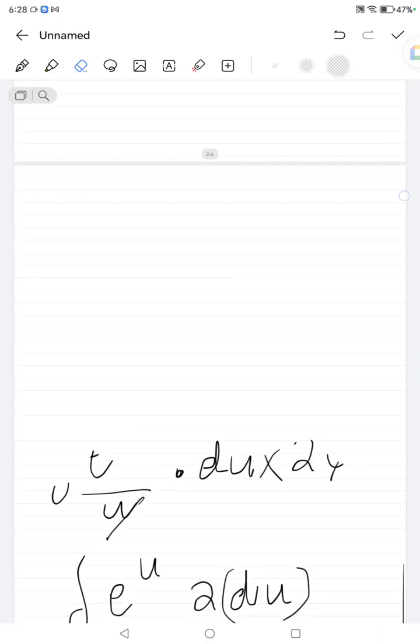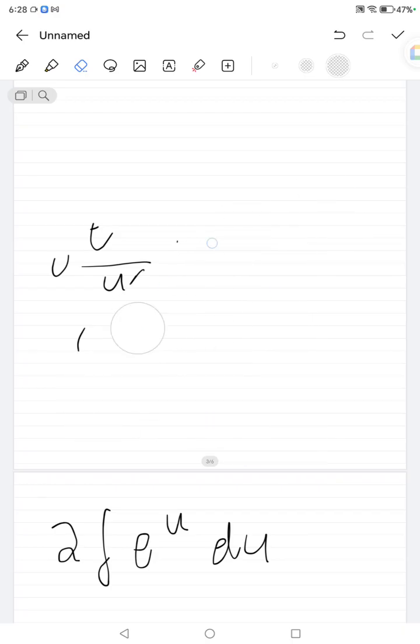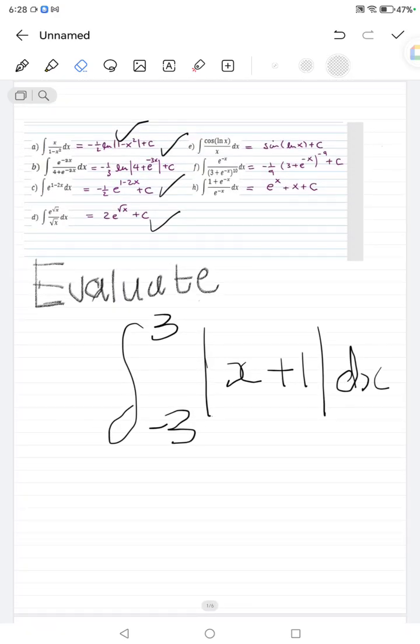I feel like the thing with integrals is that when you look at them, the first thing is to determine which one is going to be your u.